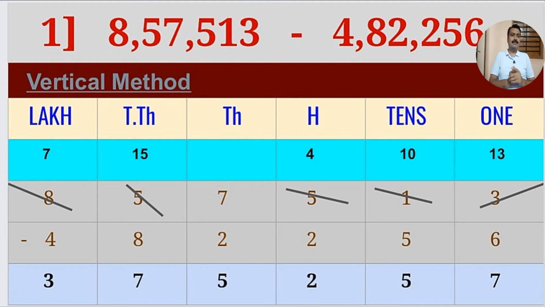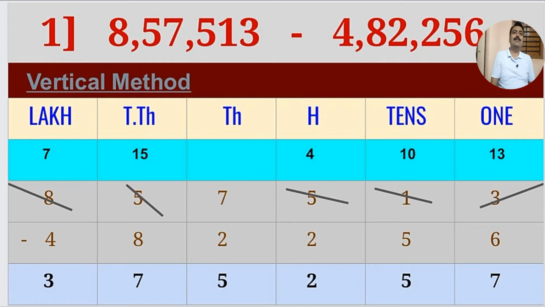That is, 6 we arrange below 3 in the ones column, 5 below 1 in the tens column, 2 below 5 in the hundreds column, 2 again below 7 in the thousands column, 8 below 5 in the 10,000s column, and 4 below 8 in the lakh column. So this is the proper vertical arrangement that you have to do.